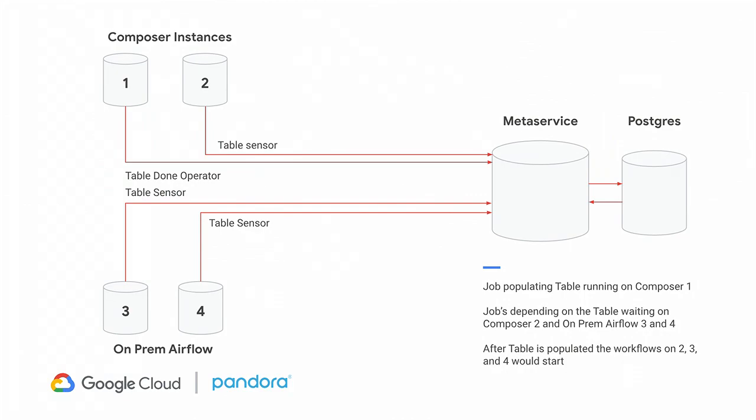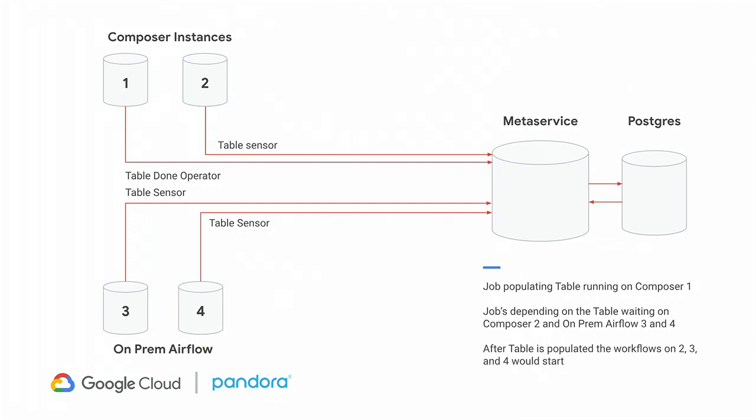So this is what that looks like, from the architecture. In here, we have 2 Composer instances that are running in GCP and 2 Airflow on-prem. There is the metaservice with the Postgres database backing it. So for this instance, we would have a job populating a table running on Composer instance number 1.